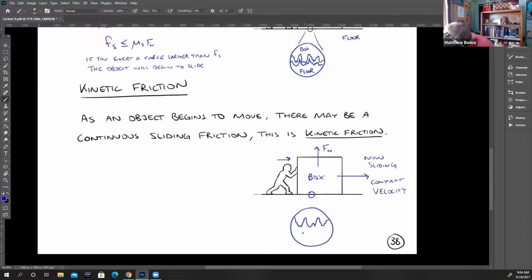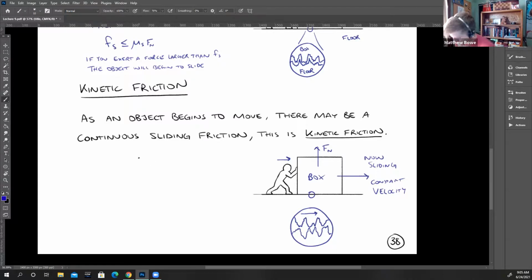This is the box on the top and the floor on the bottom. But now, since it's sliding, it's not perfectly interlocking with one another. The top object is quickly gliding over the bumps of the floor. So since they're not completely interlocking, it's a force that's slightly smaller in magnitude.